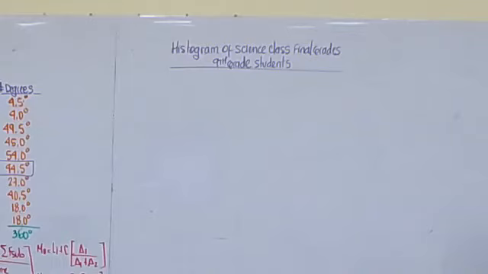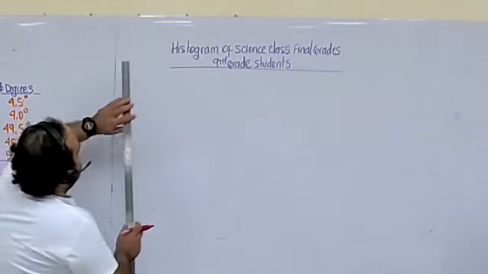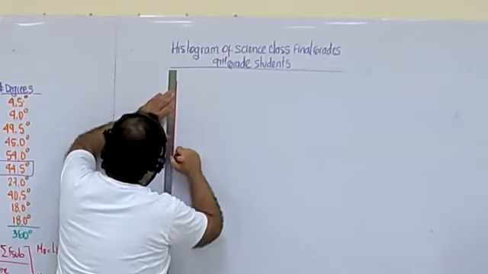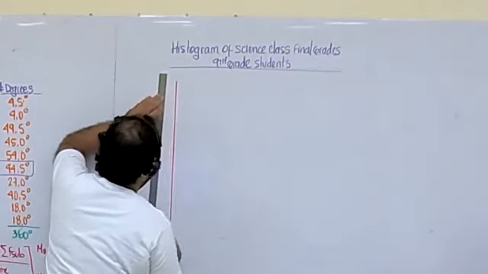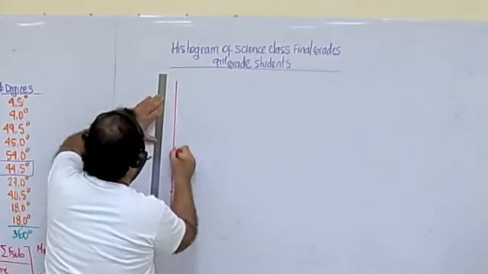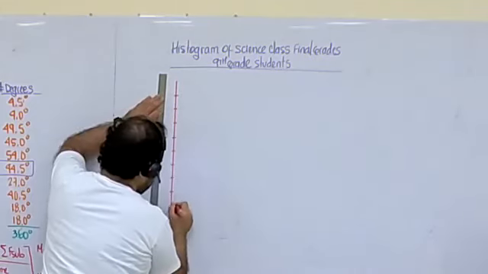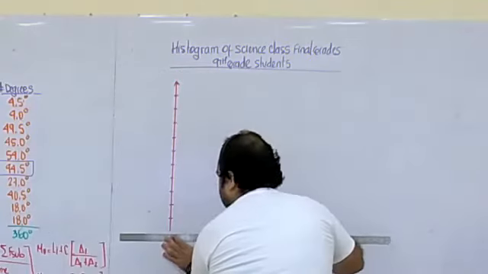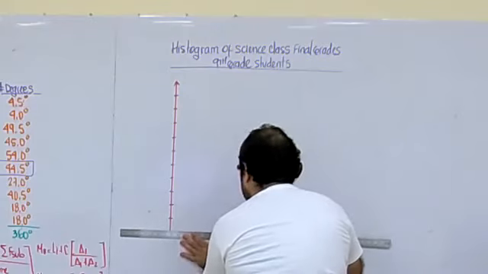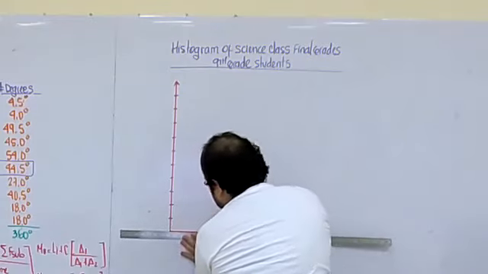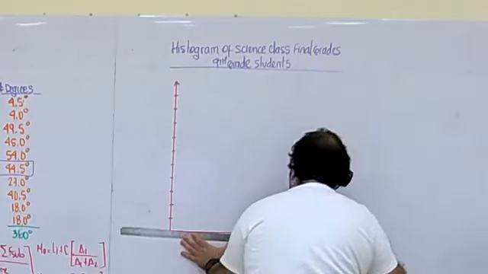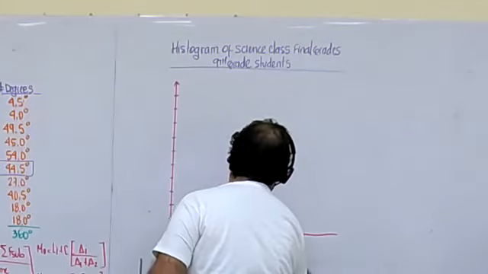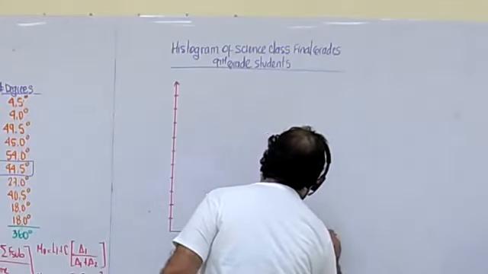And the x-axis will be the class interval, because we have 10 units. 1, 2, 3, 4, 5, 6, 7, 8, 9, 10. Perfect.